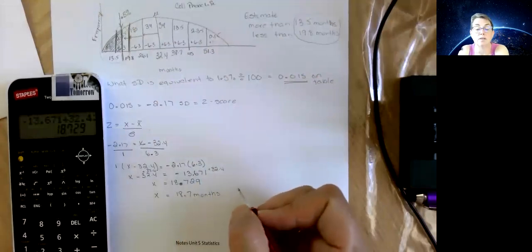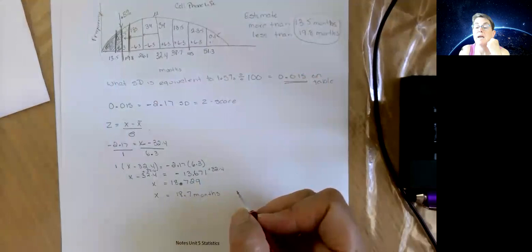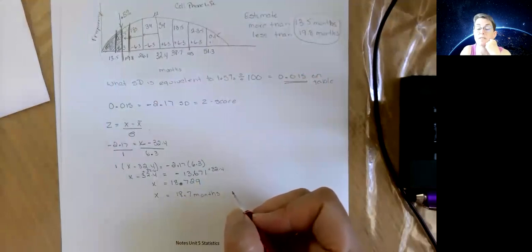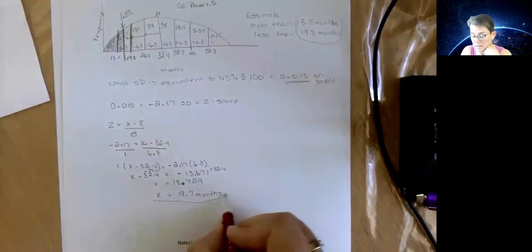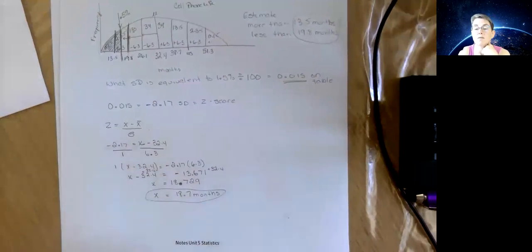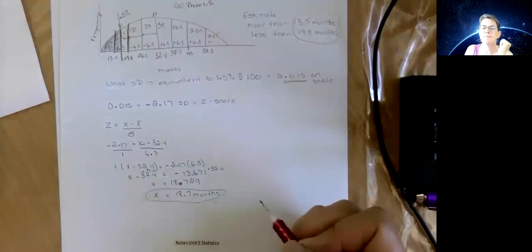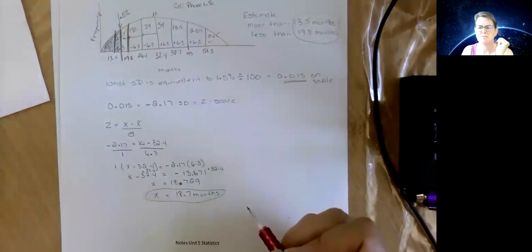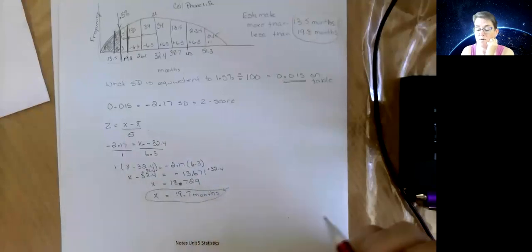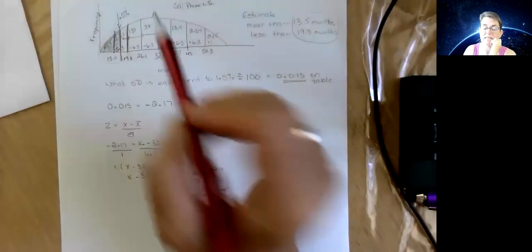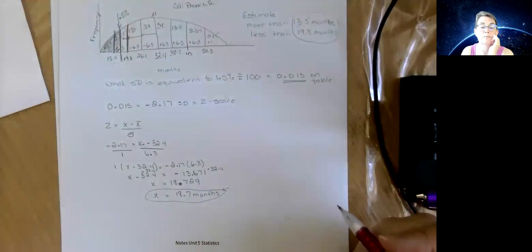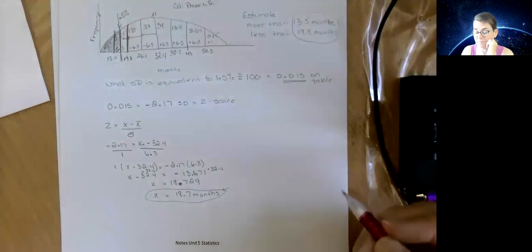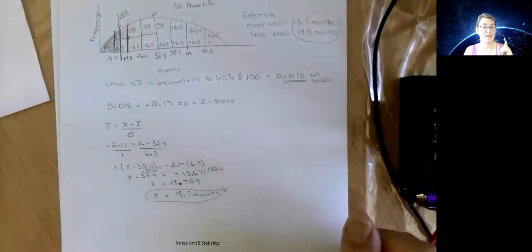So if the manufacturer wants to only repair or replace 1.5%, he should warranty, I think of the right word, warranty for 18.7 months. I suspect that would be really weird. They'd probably do 19 or maybe 24, whatever, it's up to them. But that is one that will give them less than 1.5% of the data. All right. That is a cool question.